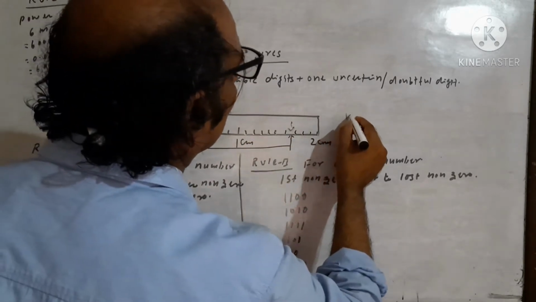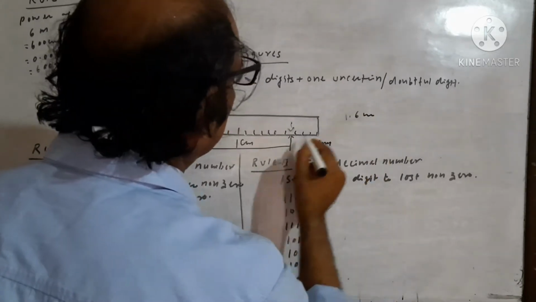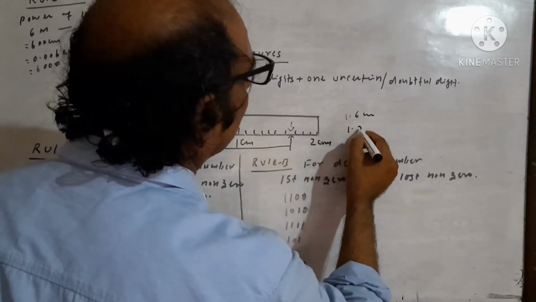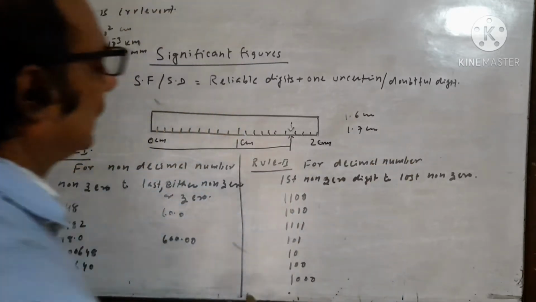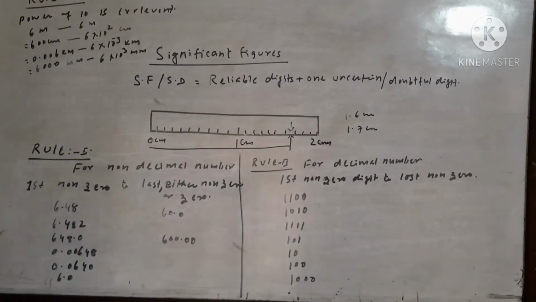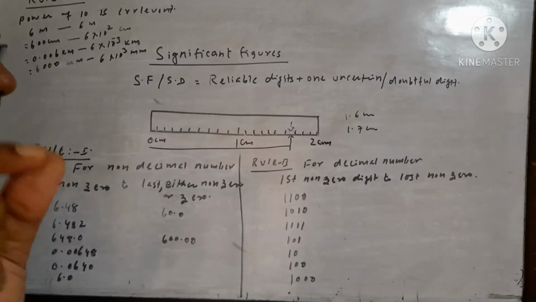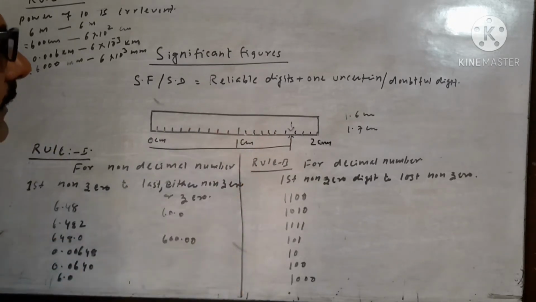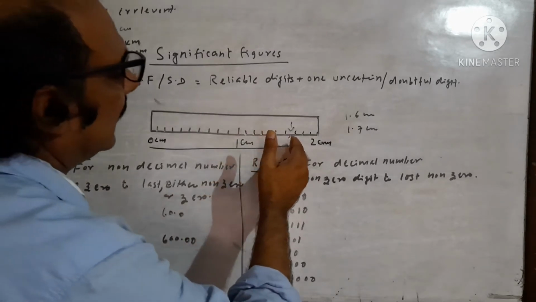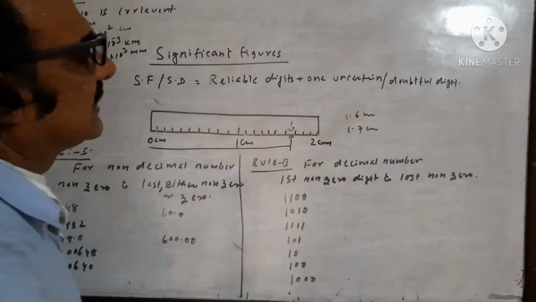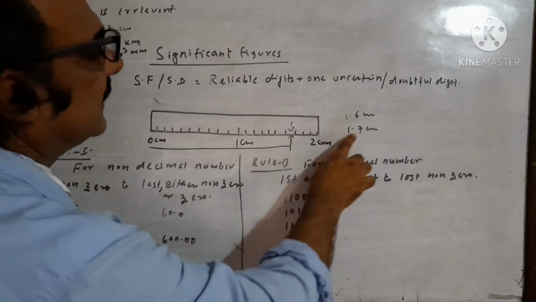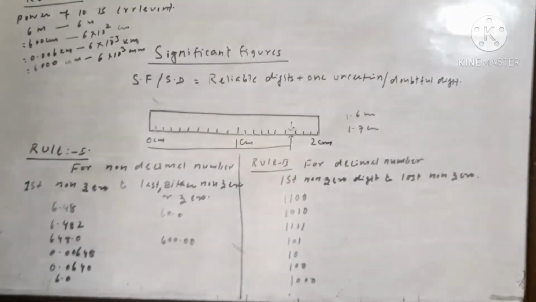So this is 1.6 centimeter, and this one is 1.7 centimeter. The scale shows a clear message about the length of the rod: more than 1.6 centimeter and less than 1.7 centimeter.